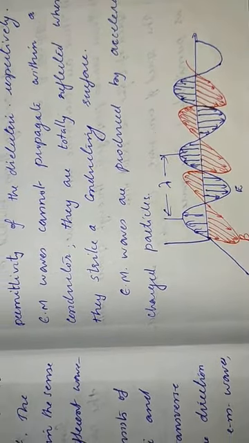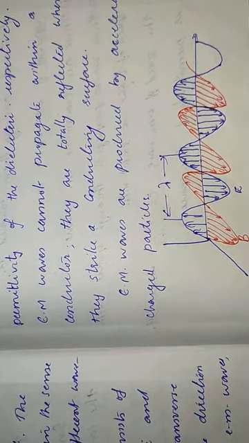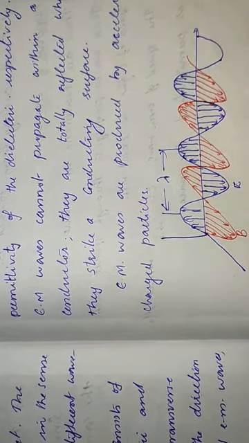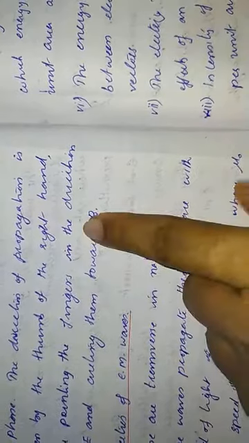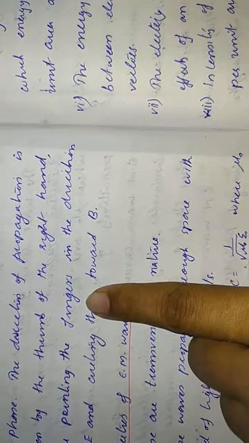The direction of propagation is given by the thumb of the right hand after pointing the fingers in the direction of E and curling them toward B. You can just hold your hand like this.